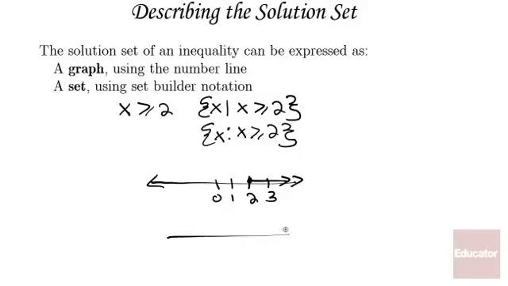Now, let's say I was going to say x is less than 3. In this case, it's a strict inequality, and 3 is not part of the solution set, so I'm going to use an open circle. So you can express the solution set using set builder notation, using a graph, or less formally, just as a simple inequality.